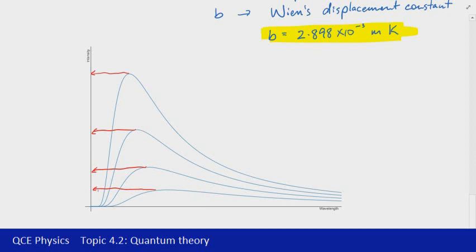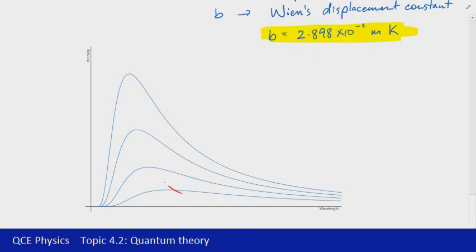So that's also then going to affect the value of lambda max, and just to identify where they are. The first one would be here, the second one's a little bit higher, the third one's a little bit higher again, and the fourth one would be there somewhere. Now, with the change in temperature, the way that that works is that as the wavelength is getting shorter, so that's decreasing wavelength, as the value of lambda max gets smaller, that means the temperature is increasing.